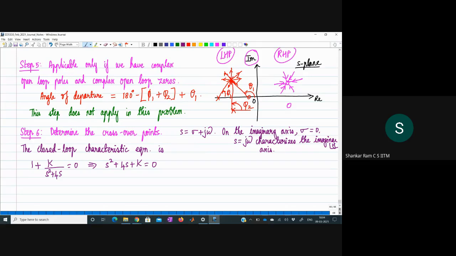This equation characterizes the closed loop poles. Now, if we want to find potential crossover points, we substitute s equals j omega in this equation.